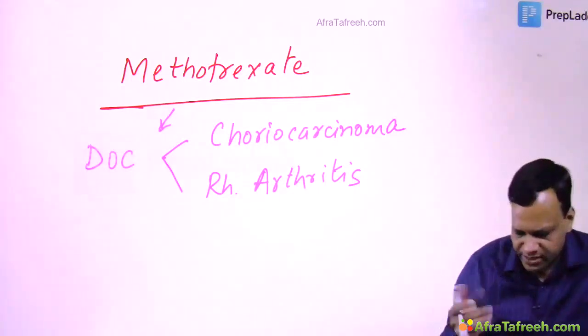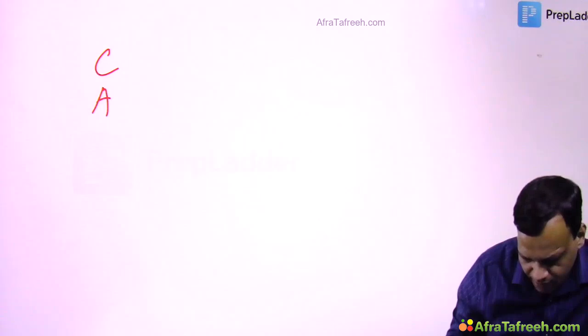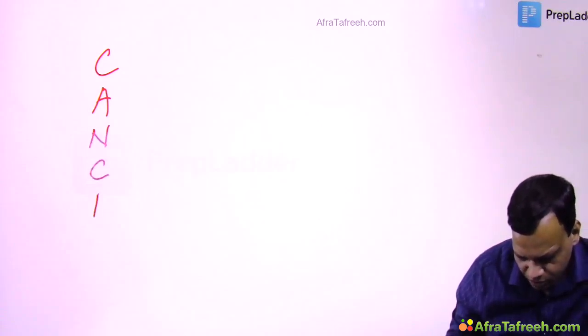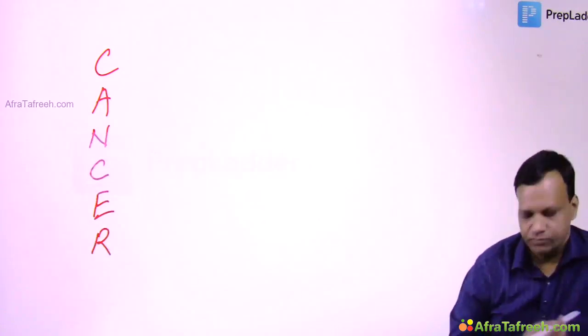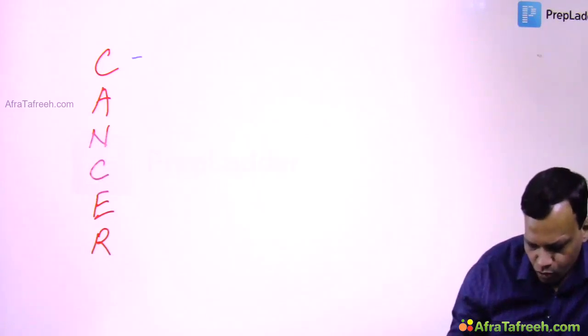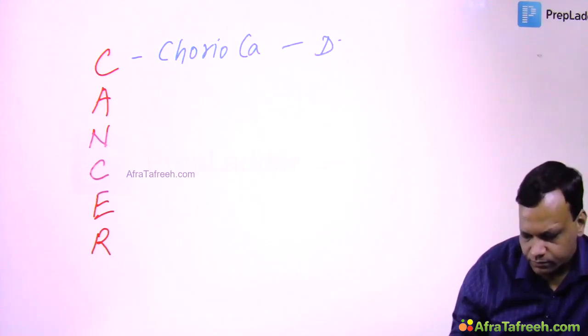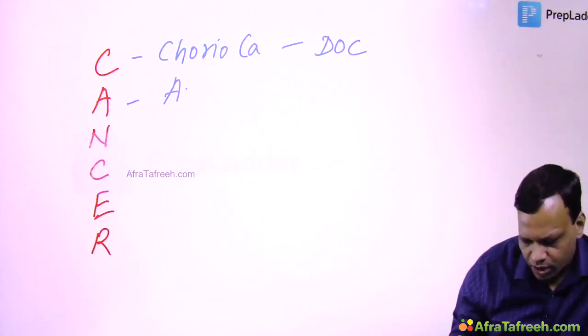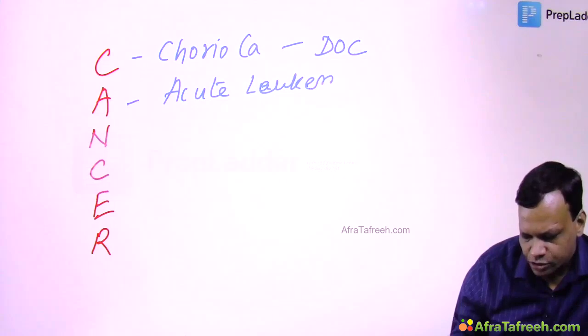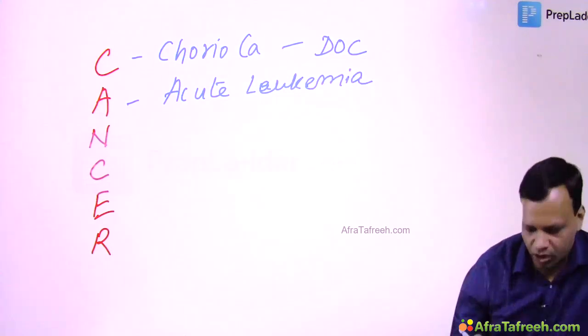But methotrexate has several other uses also, and the important uses you can remember from CANCER. We know methotrexate is used for cancer. C for choriocarcinoma, which we already discussed. It is a drug of choice. A for acute leukemias. It is used for treatment of acute leukemias.